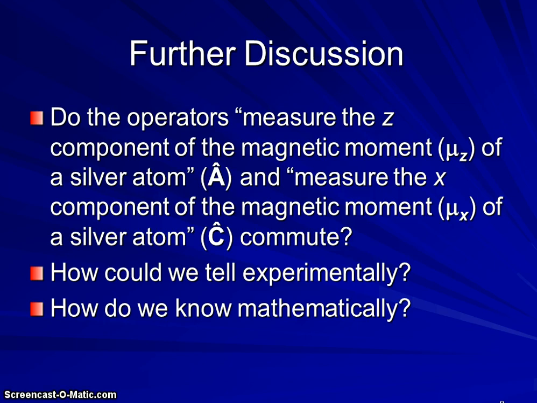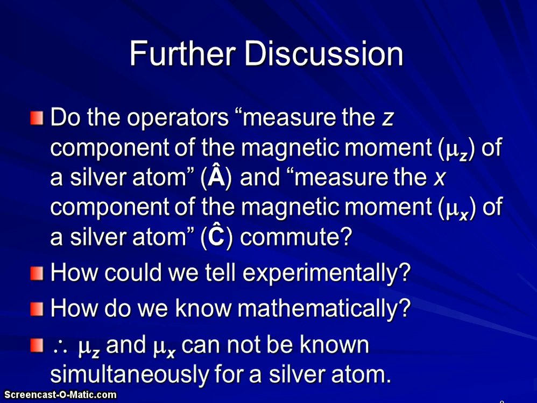Since measuring changed the system, the order of operation is going to matter, which means those operators are not going to commute. So without even looking at their mathematical form, we can tell that we can't know the z component and the x component for a particular silver atom both at the same time. Measuring the z component and then measuring the x component is going to reset the z component.